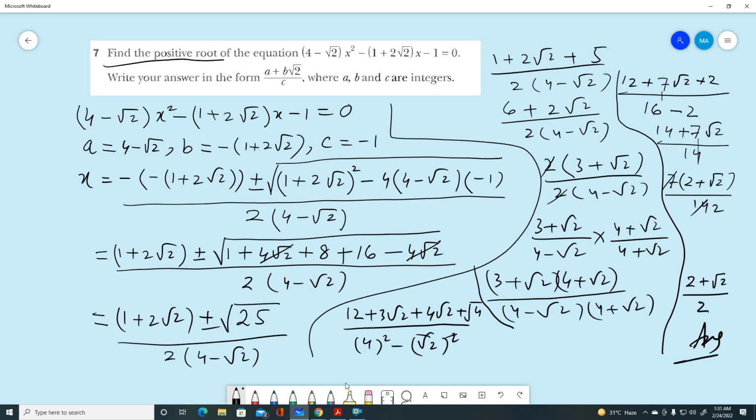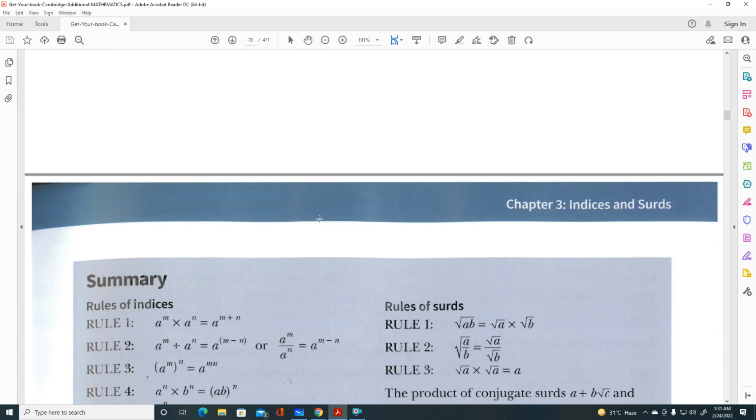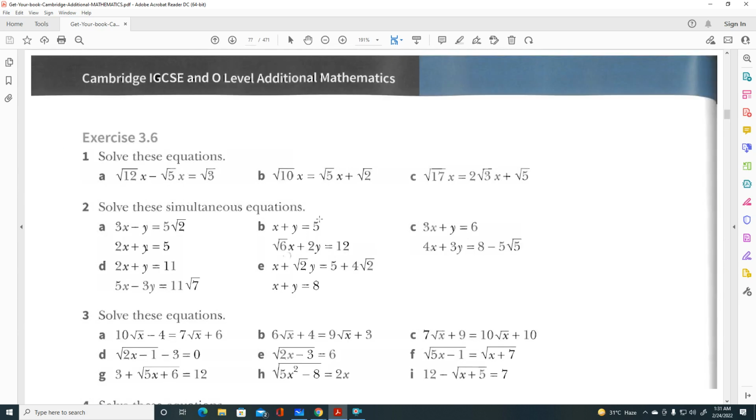What is left in this exercise? Nothing. And the good news is today not only did we finish chapter number 3, not only did we finish exercise 3.6, but also we finished the whole chapter 3. You know what my practice is?